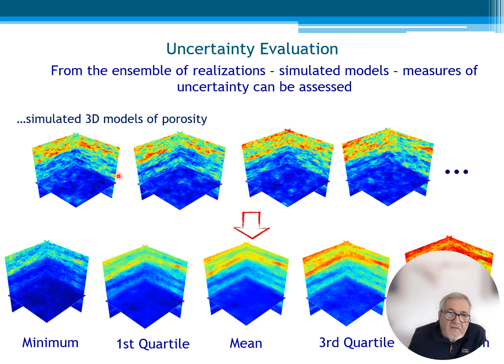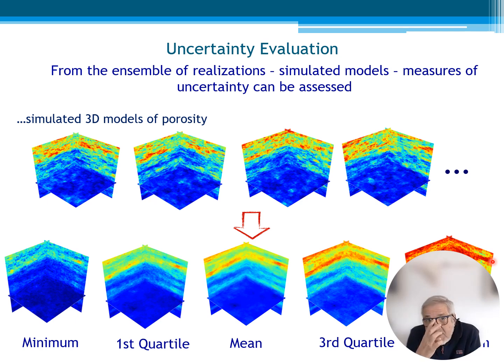This dimension is the depth. We have a set of n simulated models, and from the set of simulations you can compute, for example, the mean in each pixel, and you obtain this very smooth image, as you can see. Let me remind you, this mean is equivalent to the kriging, the most probable model.